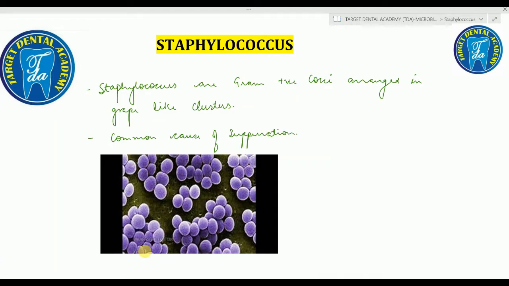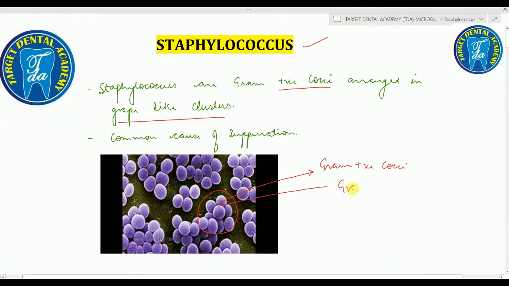Today we are going to start with another unit, bacteriology. In this, first we are going to discuss Staphylococcus. Basically, Staphylococcus is a gram-positive cocci arranged in grape-like clusters, and it is the most common cause of suppuration. Coming to the morphology, they are gram-positive cocci arranged in grape-like structures.